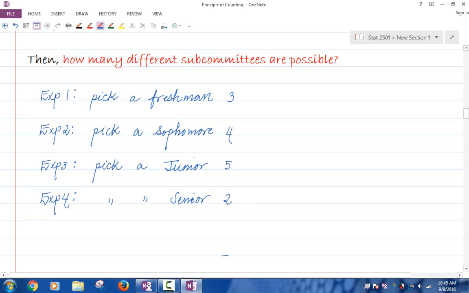By the principle of counting, our answer would be 3 times 4 times 5 times 2, which is exactly 120. Are we okay with that? Easy?